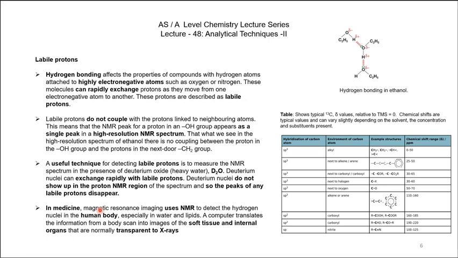Nowadays you have probably heard of MRI. MRI can get information on hydrogen nuclei in the human body, especially in water and lipids.